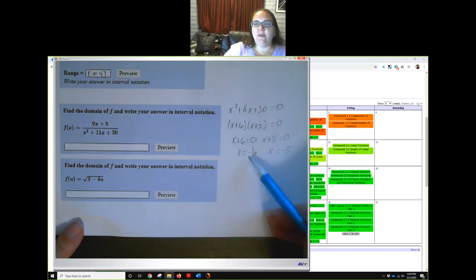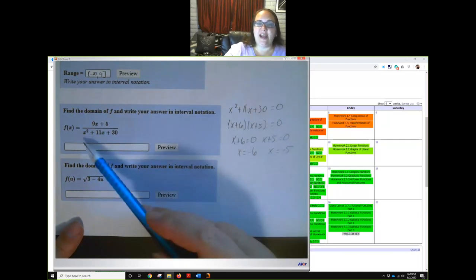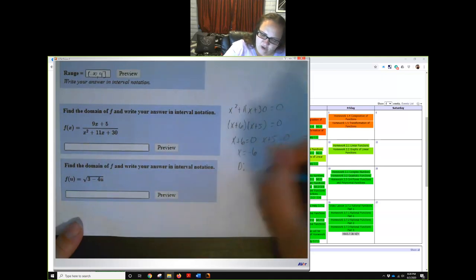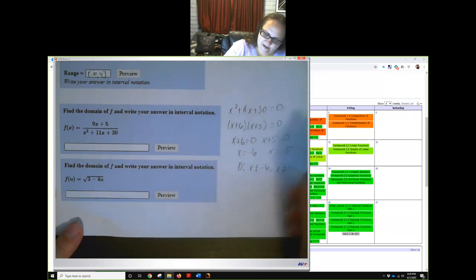That means that the two numbers that I cannot plug in here are -6 and -5. If I plug in a -6, my denominator will be 0. If I plug in a -5, my denominator will be 0. So my domain is all real numbers except -6 and -5.